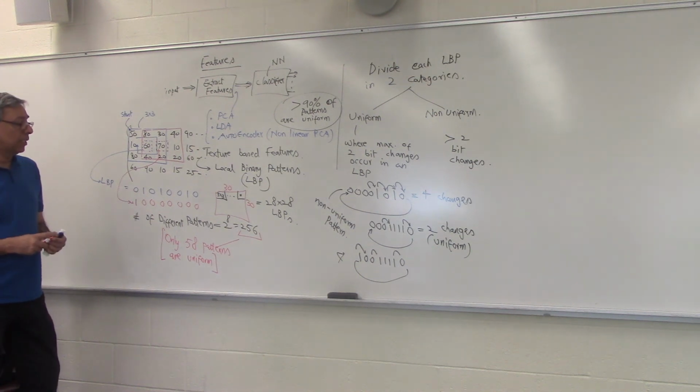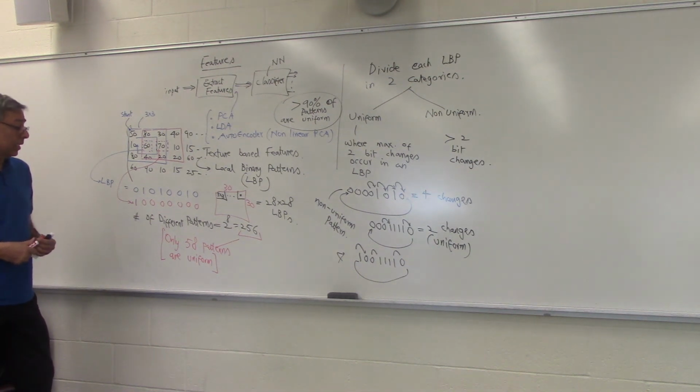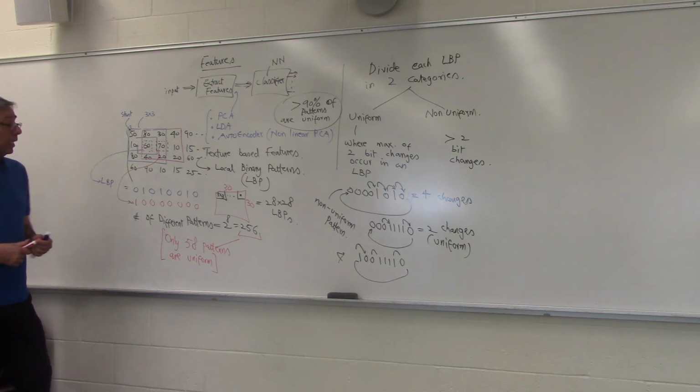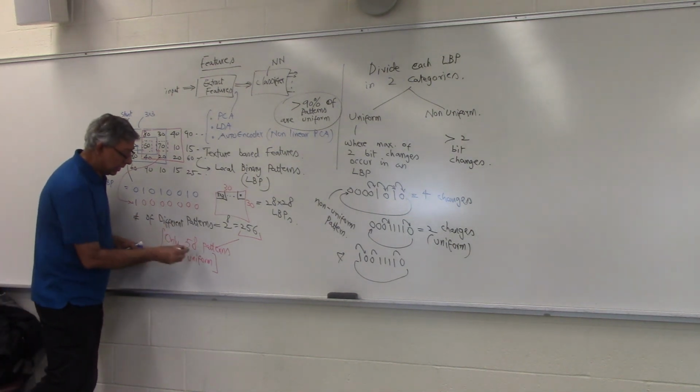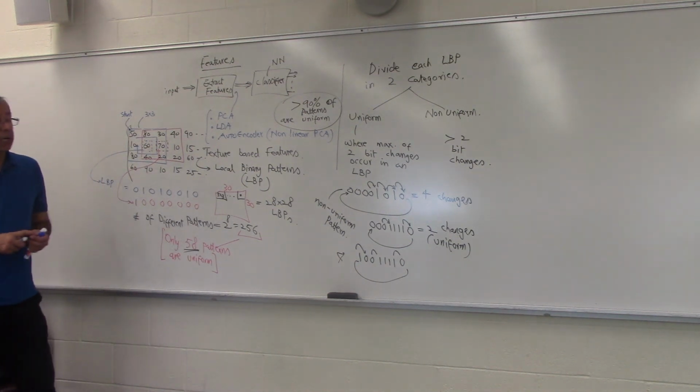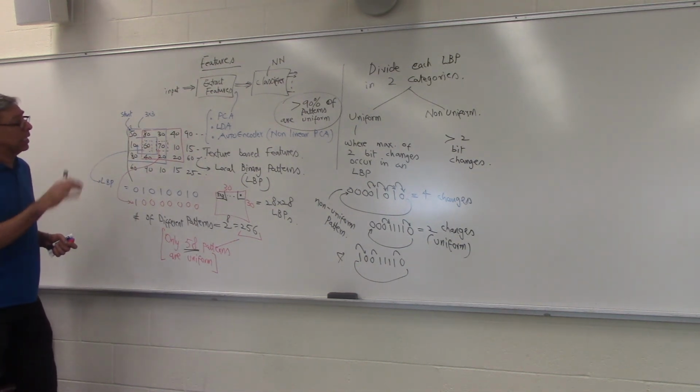So that means 198 patterns are non-uniform. Okay, but non-uniform occur very rarely. So that's why we just focus on 58 patterns and not worry about the non-uniform patterns to an extent. Like I said, I'll explain again.